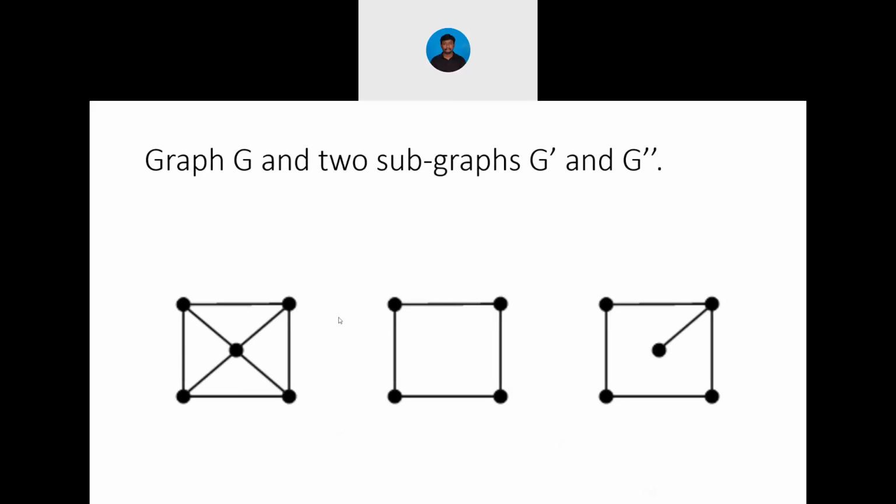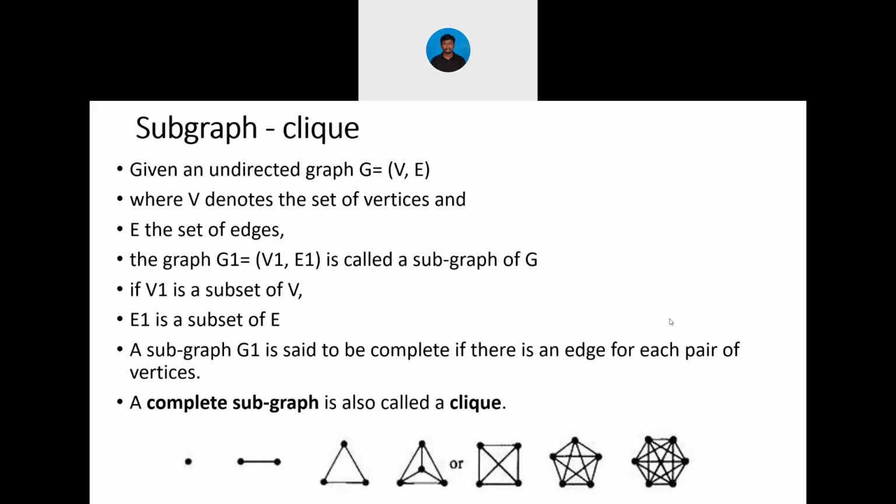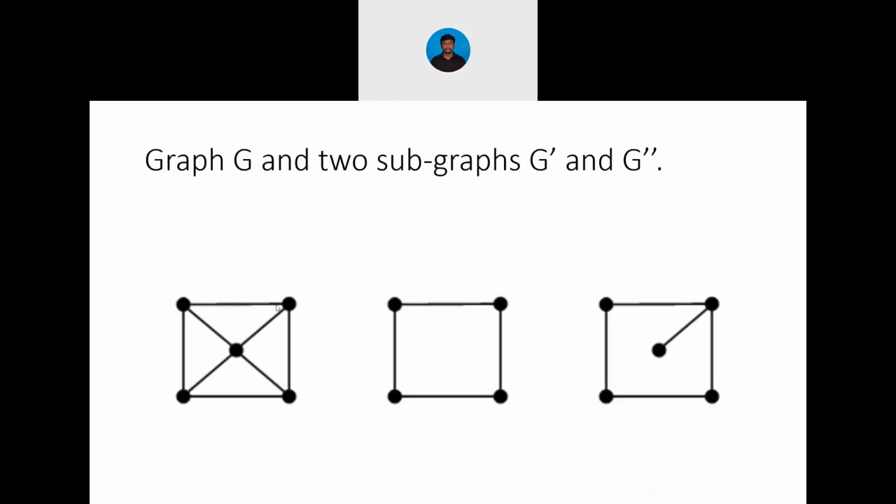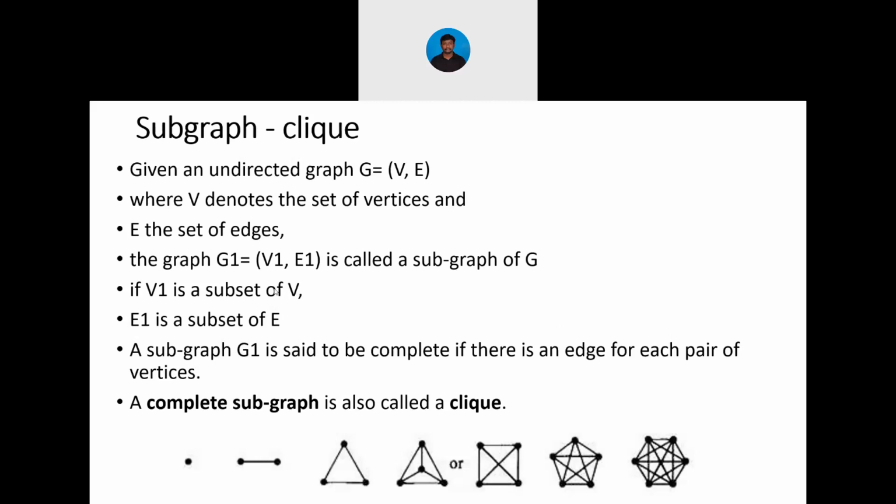So the first one is a graph, and the other two are subgraphs, derived from the main graph, hence they are called subgraphs. The first concept here is the cohesive subgraph. Subgraph means I derive it from the original graph. Cohesive means I analyze how cohesive it is with all other actors present in that particular network.